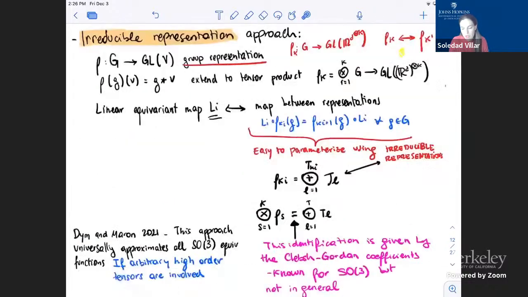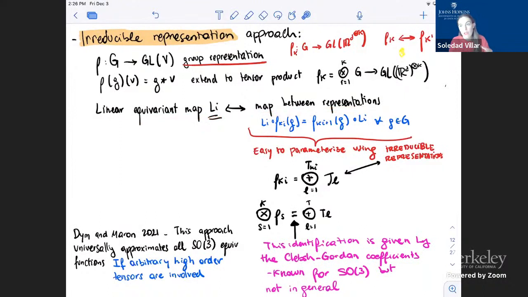The other approach is the irreducible representations approach that was mentioned in the previous talk. The idea is that parameterizing linear equivariant maps is equivalent to finding linear maps between the representations of the spaces.